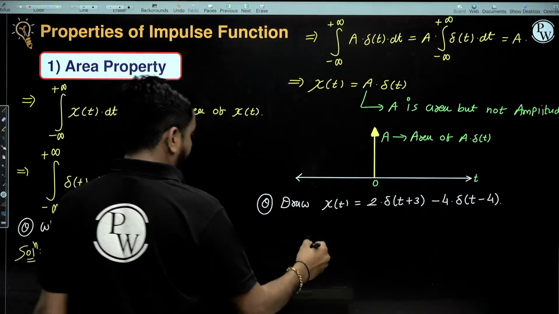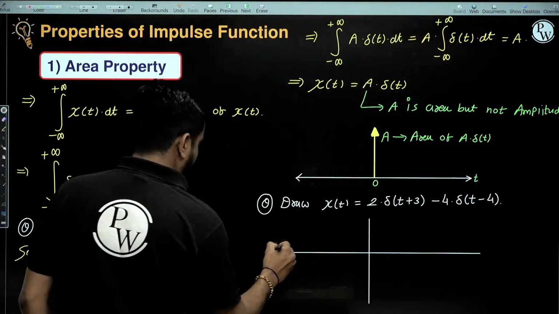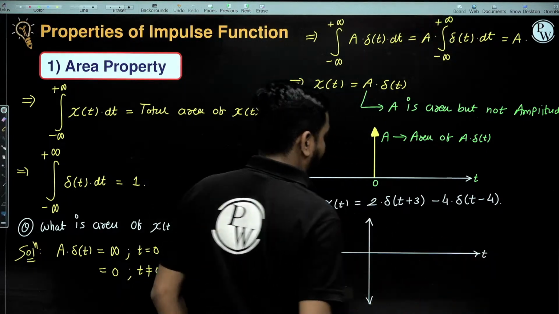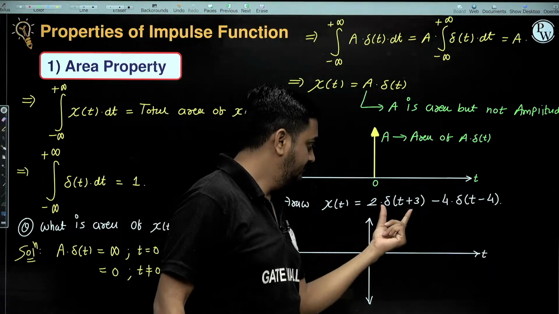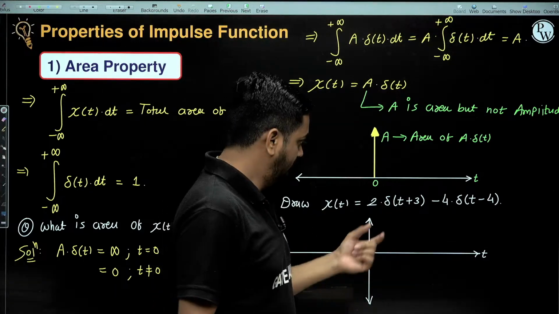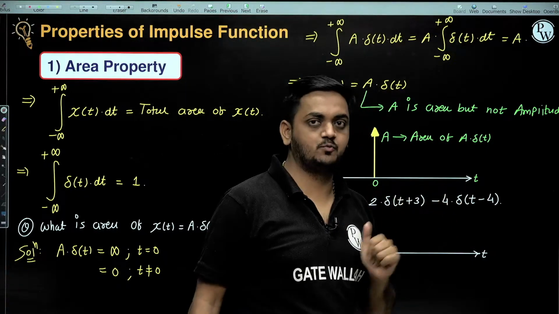So here there are two impulses guys. One is present at t equal to minus 3 having area 2 guys, correct? This impulse is present at t equal to minus 3 with area 2, and this impulse is present at t equal to 4 with area minus 4 guys.